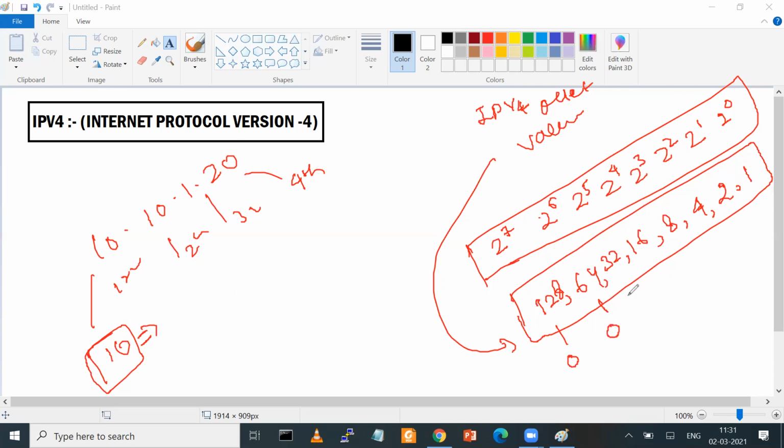I'm not going to use 64, I'm not going to use 32, I'm not going to use 16, but I'm going to use 8, so it should be 1. I'm not going to use 4, so it should be 0. I'm going to use 2, so it should be 1 and it should be 0. So the octet value looks like this.